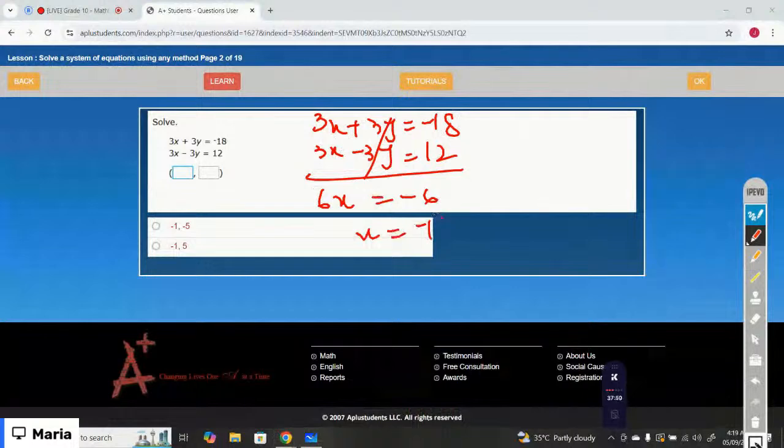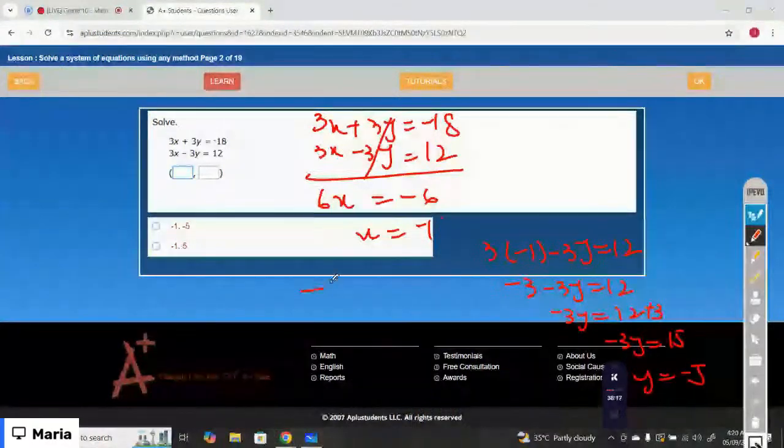See, you have the value of x, and now substitute x in any of the equations and calculate the value of y, right? So 3 times negative 1 minus 3y equals 12. So that is negative 3 minus 3y equals 12. Negative 3y equals 12 plus 3, that is negative 3y equals 15. So y equals negative 5. So the solution of the system of equations is negative 1 and negative 5. Got it?